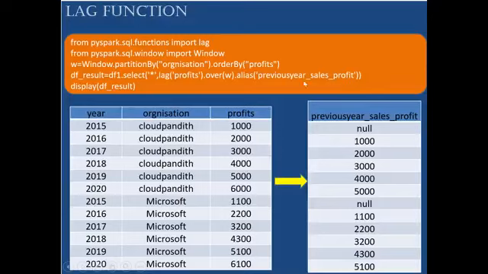What is the new column I'm adding? Previous year sales profit. Under this particular column, I am moving these values, 1000, 2000, 3000. That's why I'm mentioning lag of profits. Lag of profits means these profits I am moving to the next record, based on the partitionBy and orderBy conditions, and this is the alias name.